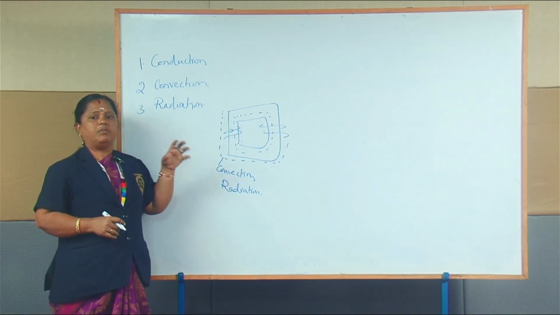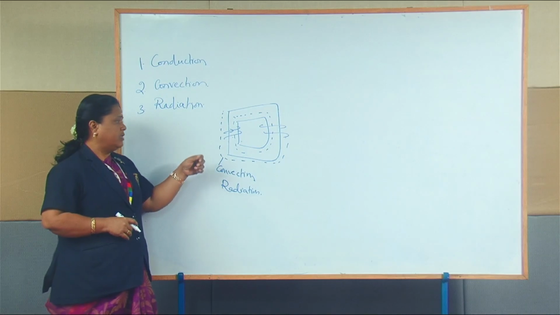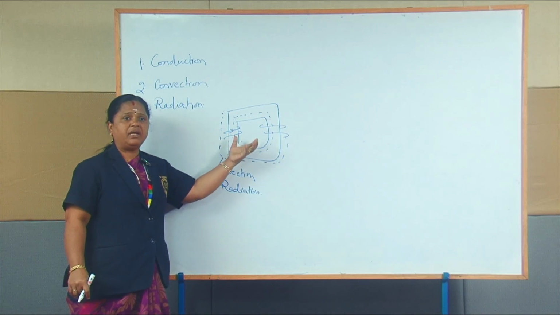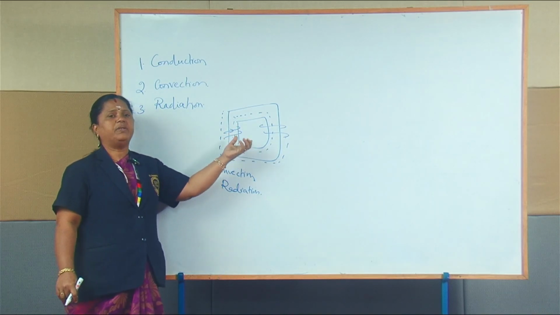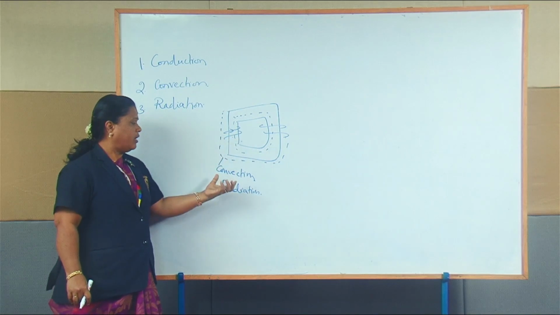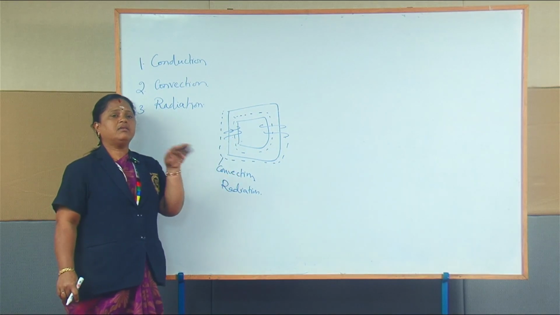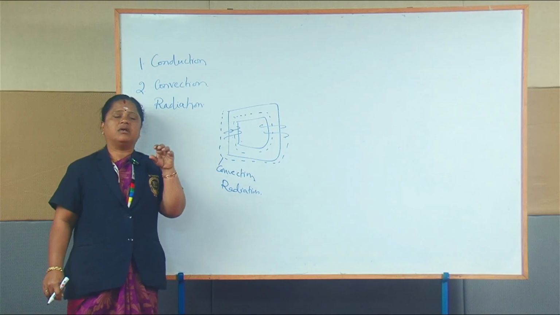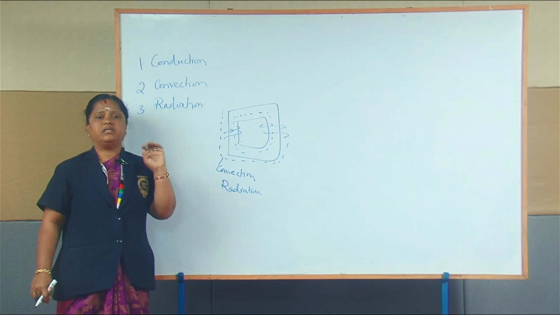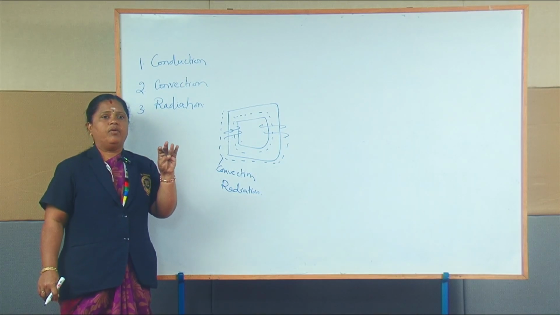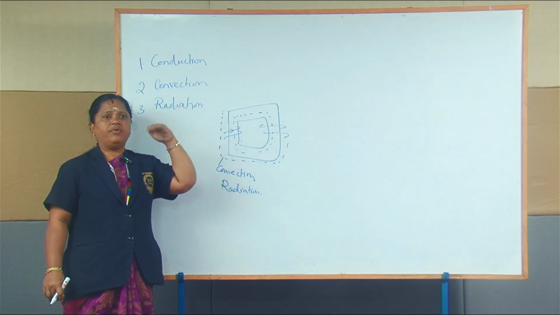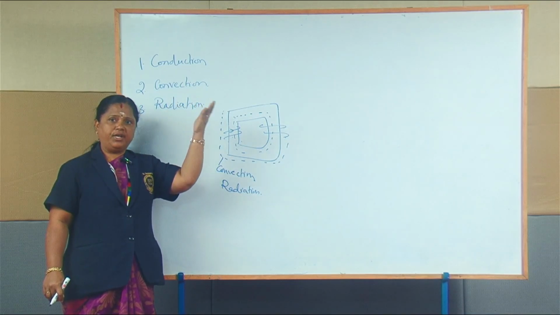Now it has been observed that the heat dissipated by conduction is negligible in a transformer compared to convection and radiation. Let us assume the ambient temperature, a room temperature, as 20 degrees Celsius, and the temperature rise as 40 degrees Celsius.